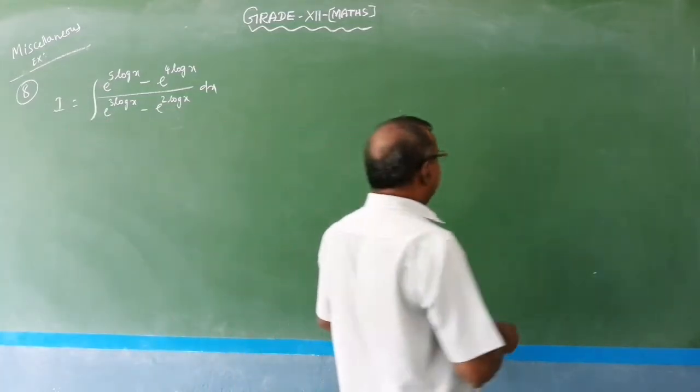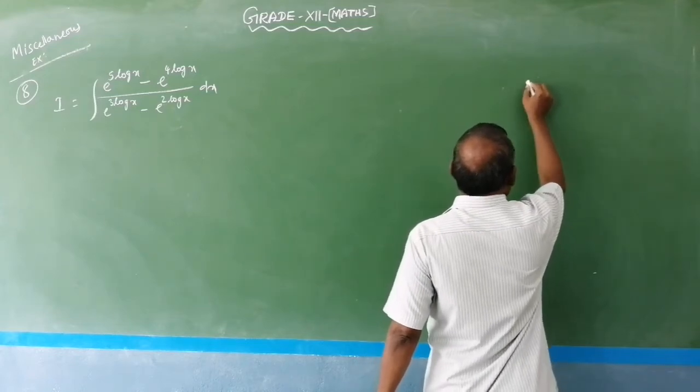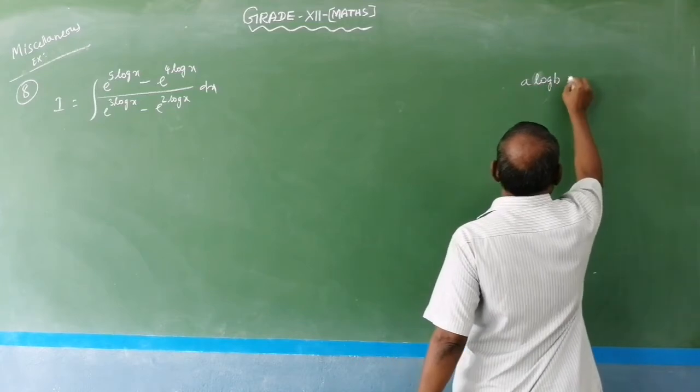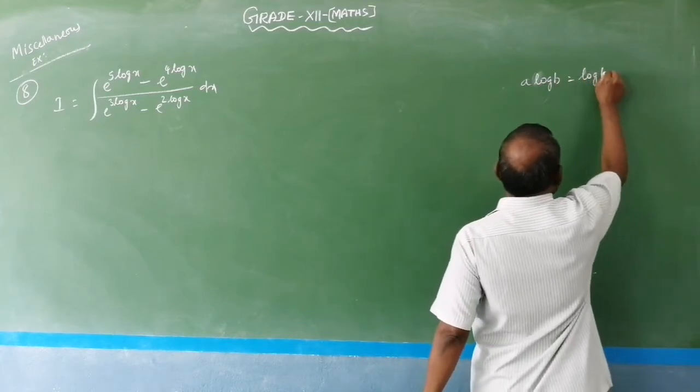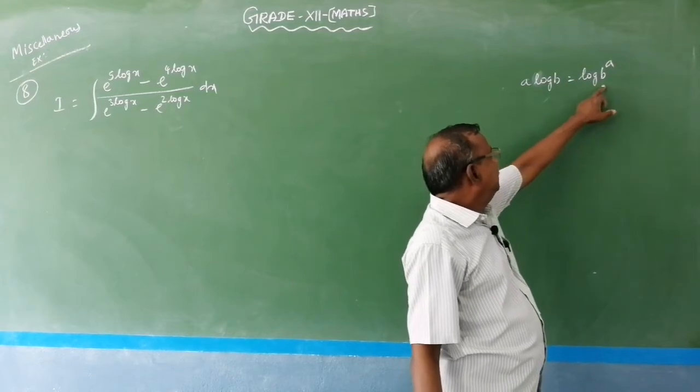Now, we need to know one thing: a log b equal to log b power a. We can write it like this: a log b equal to log b power a.